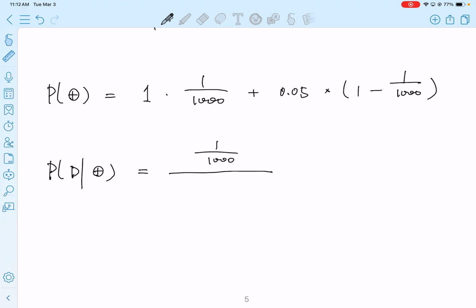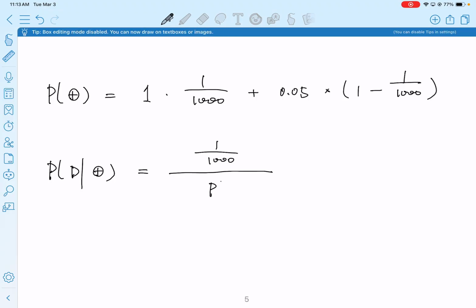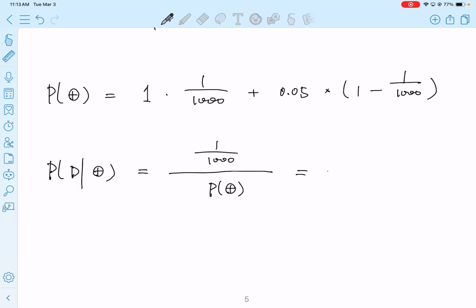Do I have that number? Okay. So I think the number that I have is 0.0196. So that is the probability of the disease.